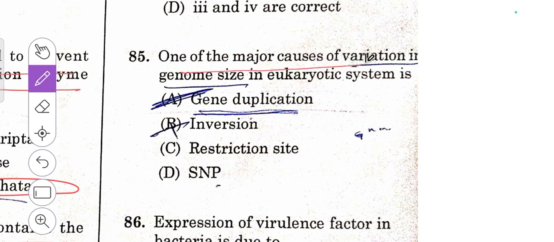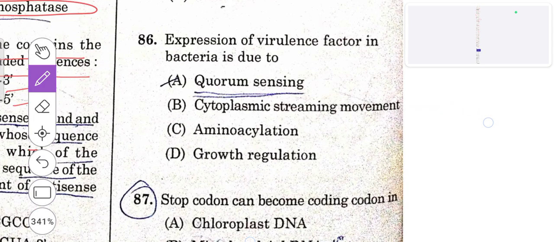One of the major causes of variation in genome size in eukaryotic systems is gene duplication. Expression of virulence factor in bacteria is due to quorum sensing.